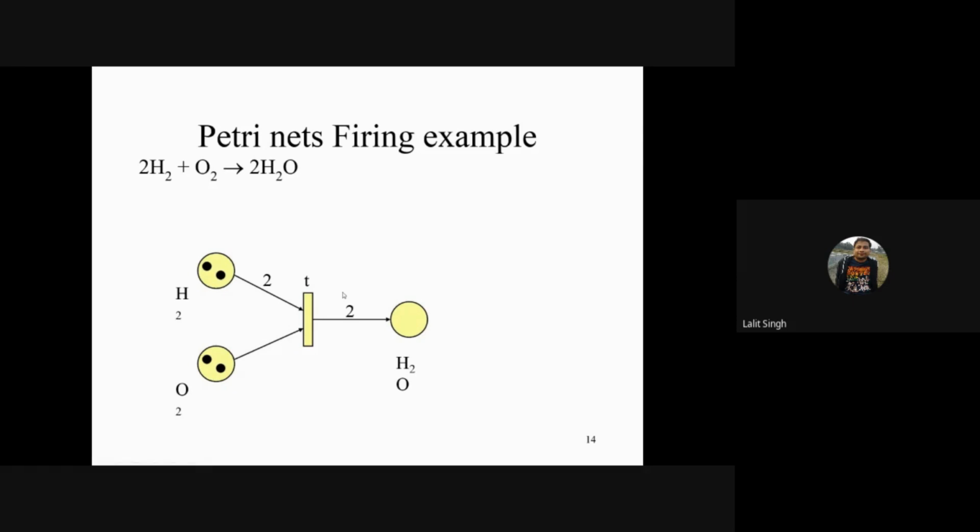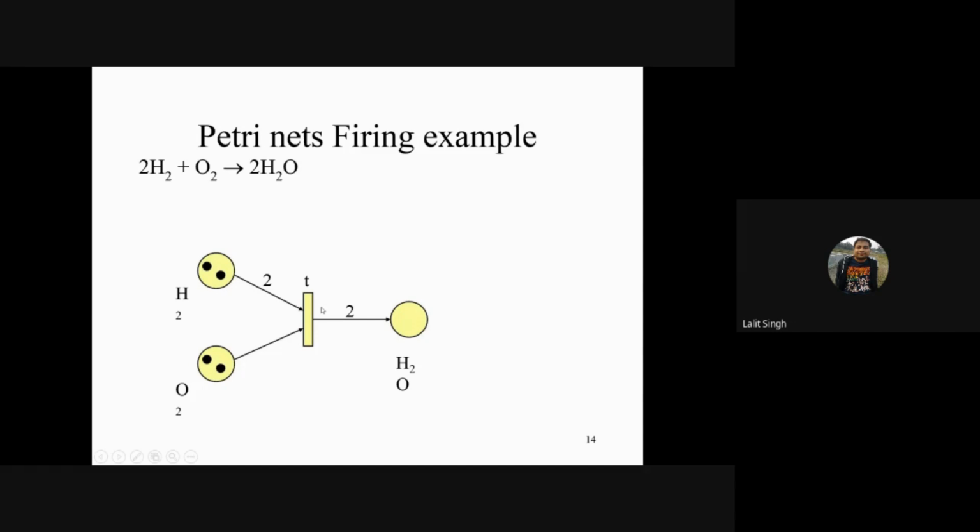But what is the enabling criterion of the transition? The enabling criterion says that all its input places must contain a sufficient number of tokens. I repeat, a transition is enabled only when all its input places contain a sufficient number of tokens.